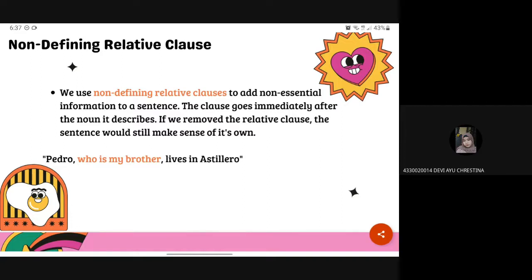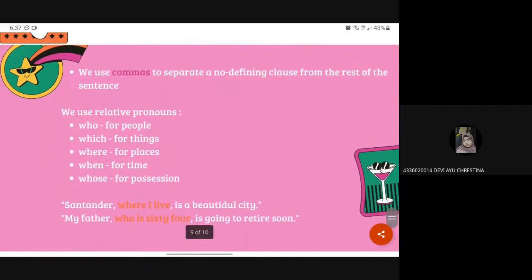Next slide. For non-defining relative clauses, we use commas to separate the clause from the rest of the sentence. We use relative pronouns like in the previous slide: who, which, where, when, whose.